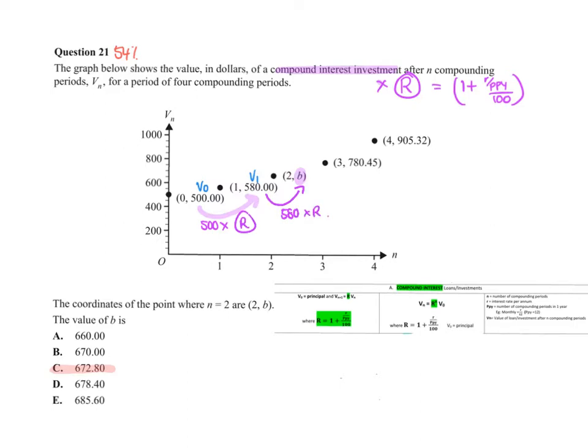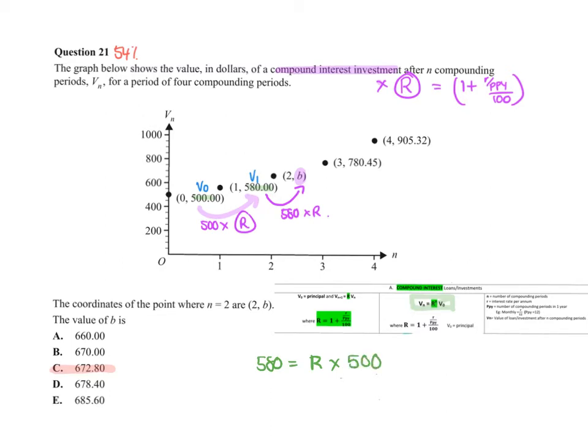So what I'm going to do is use these numbers here and use the formula to find it. I found 580 by timesing the rate by the one before, so I'm just going to say 500.